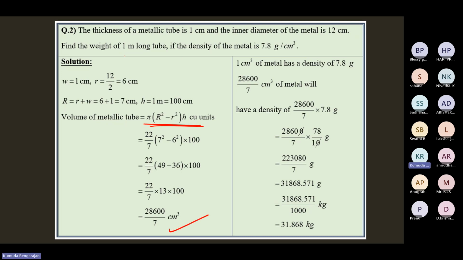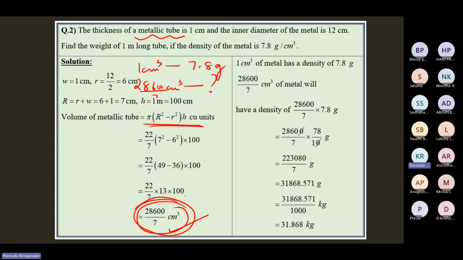So now 1 centimeter cube has a mass of 7.8 grams. But actually in this tube, so many centimeter cube are there. The real volume of this tube is 28,600 by 7 centimeter cube.